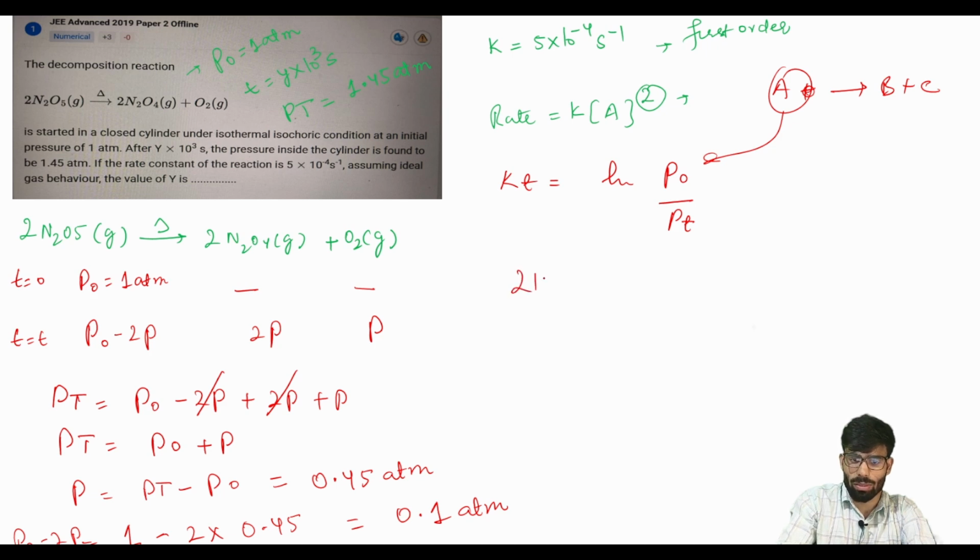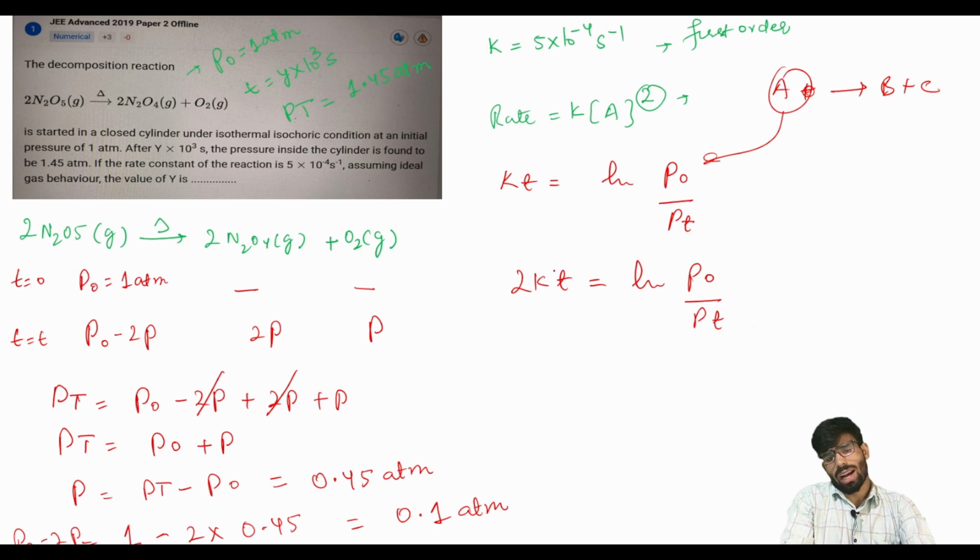It will become 2Kt equal to ln of P naught by P naught minus P. If you want to know how we got this 2 in our rate law, I can make you understand in the next video.